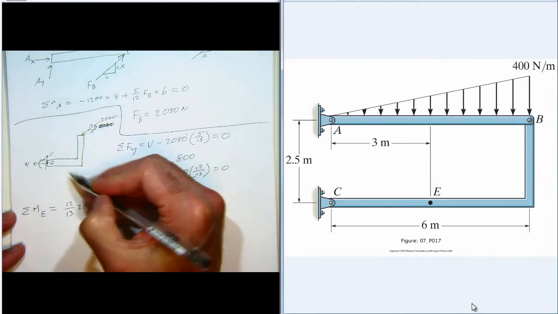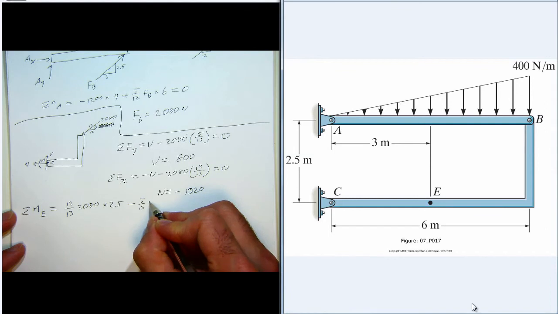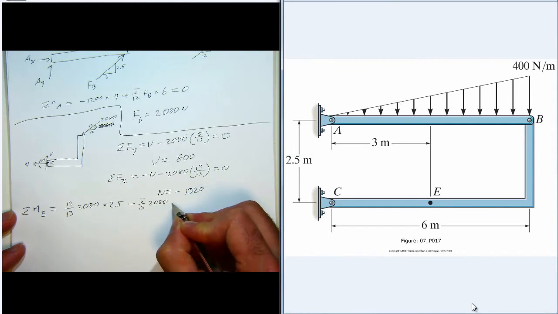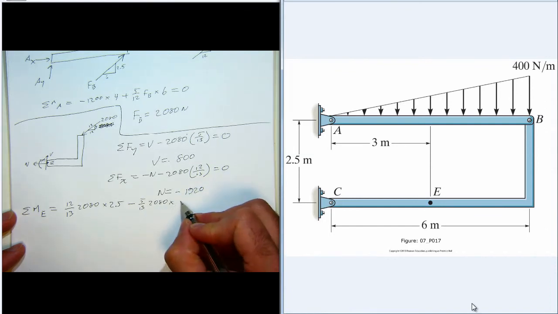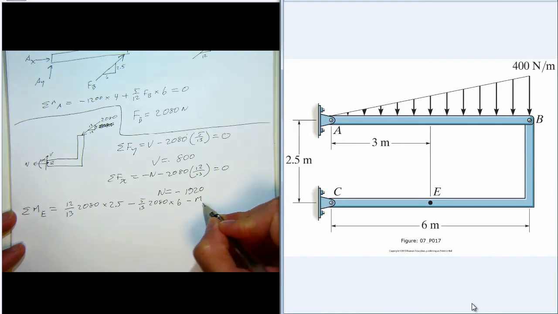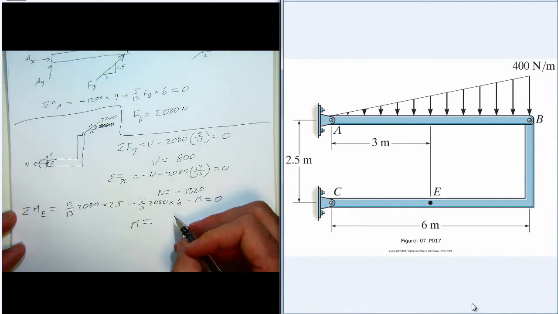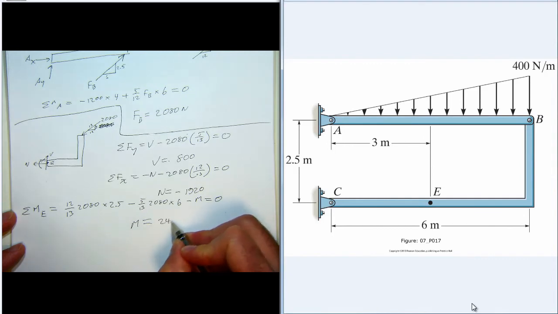And then the y component generates a negative moment about E, so we have minus 5/13 times 2080, and its moment arm is 6 meters. And then we also have M, which is in the negative z direction. So that all adds up to 0, and we get that M is 2,400 newton meters.